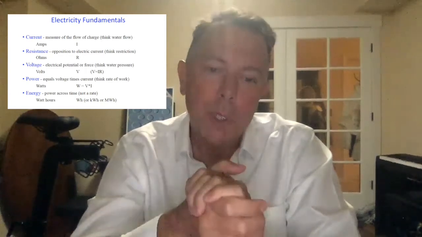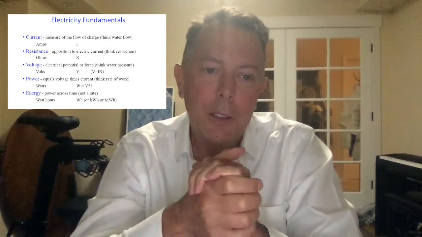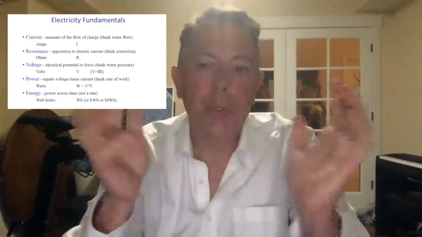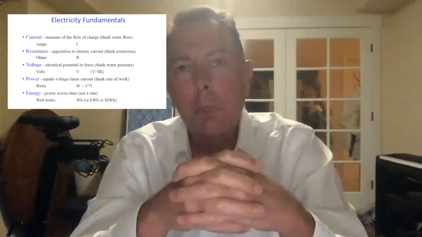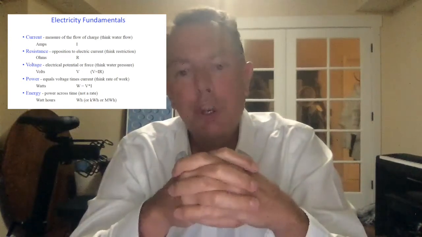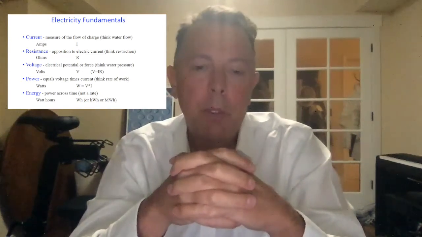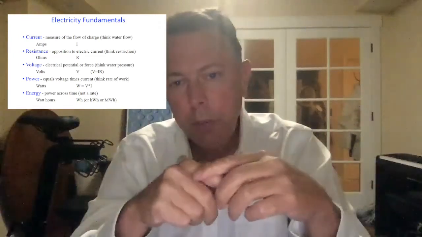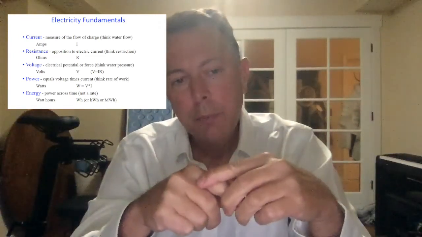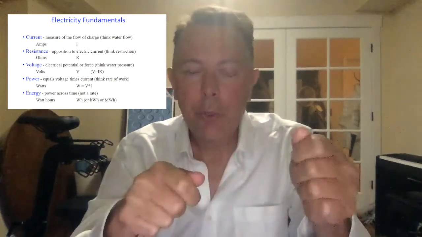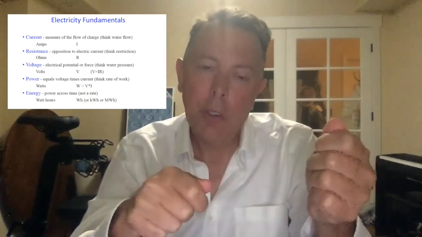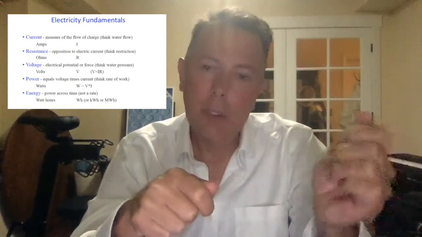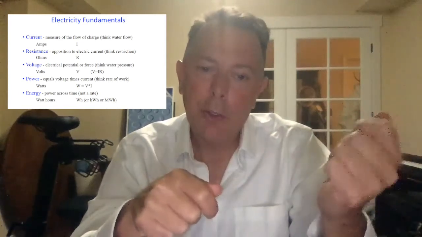The next important concept is the idea of voltage. Voltage is nothing more than the electric potential, or we could think of it as the pressure, just like water pressure. If we go back to the hose analogy, we have a hose with a nozzle on the end, and we can think of that nozzle as the resistance, maybe cranked down a little bit.